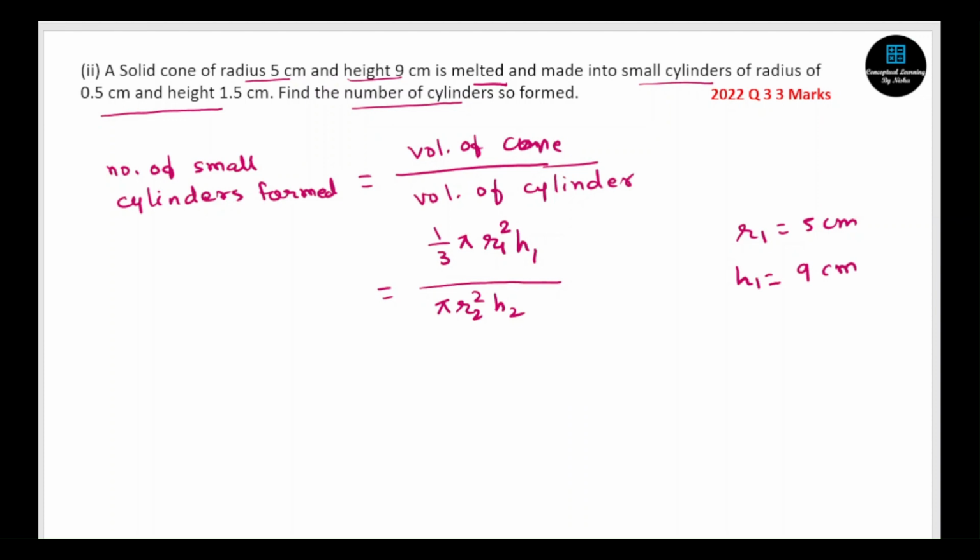These are for cone. For cylinder, R2 equals 0.5 centimeter and H2 is 1.5 centimeter.